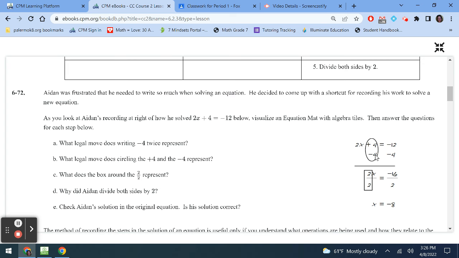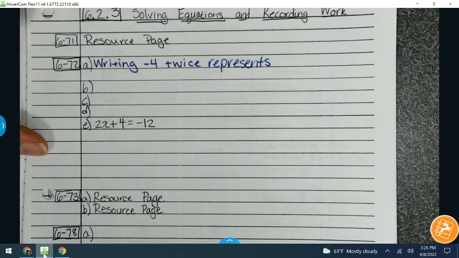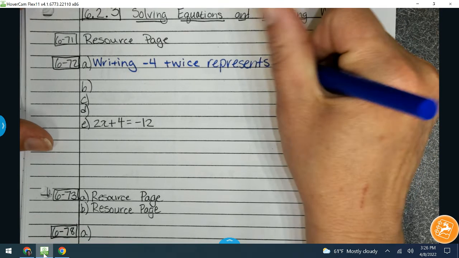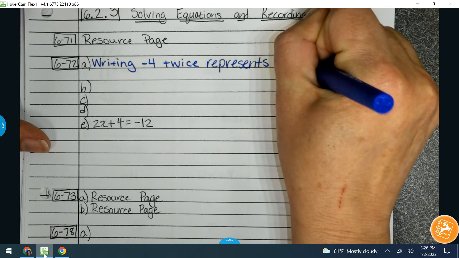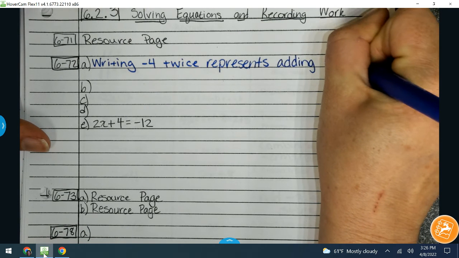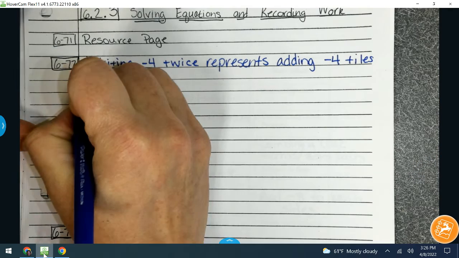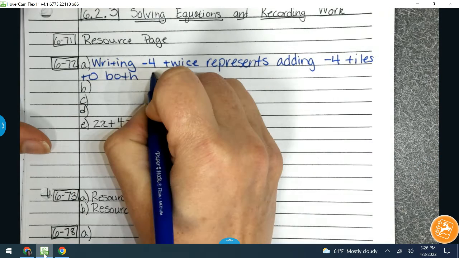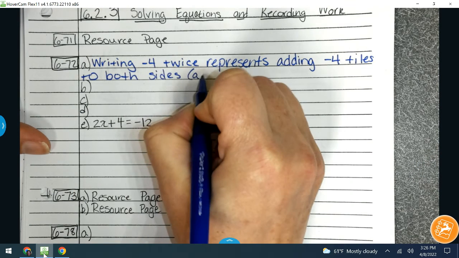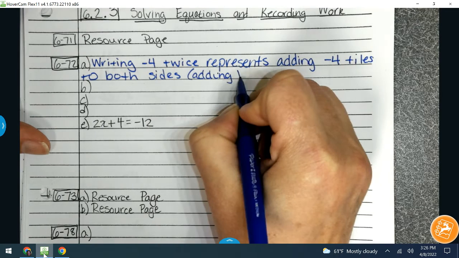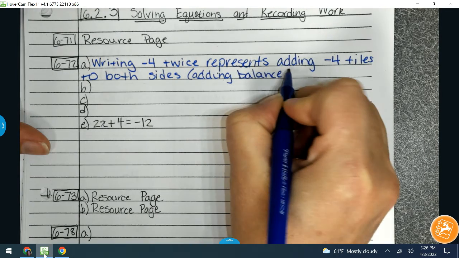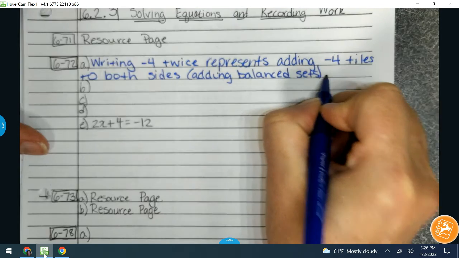I would say it would be removing balanced sets, but this one's blue and that one's red in the original, and the negative 12 would be red tiles, so that would be adding negative 4 tiles to both sides, adding balanced sets to both sides. Which is adding balanced sets.